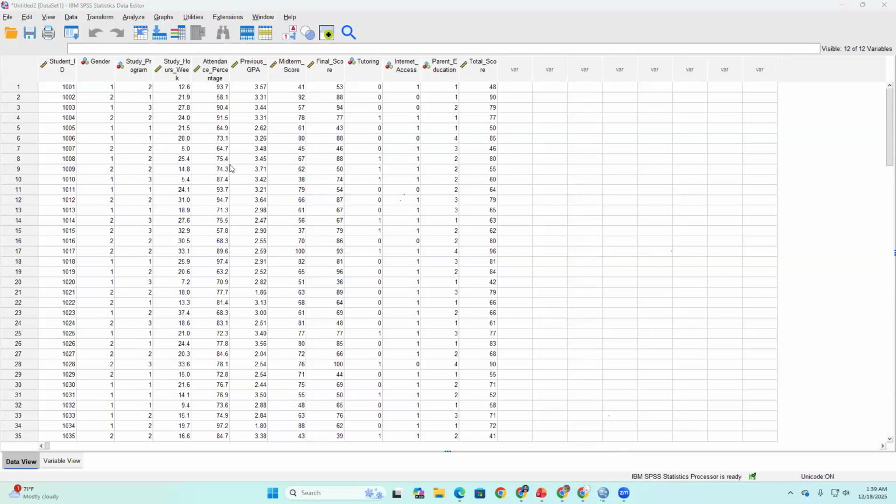Okay. Attendance is an independent variable and final score is the dependent variable. Okay, study hours cannot be dependent. Think again. Can you control the study hours of a student?